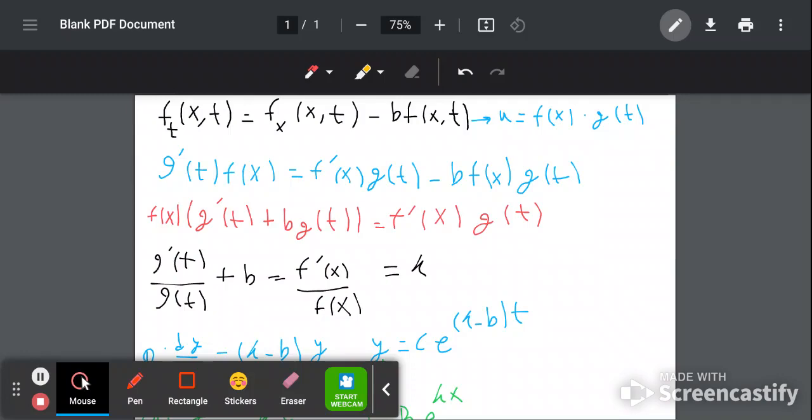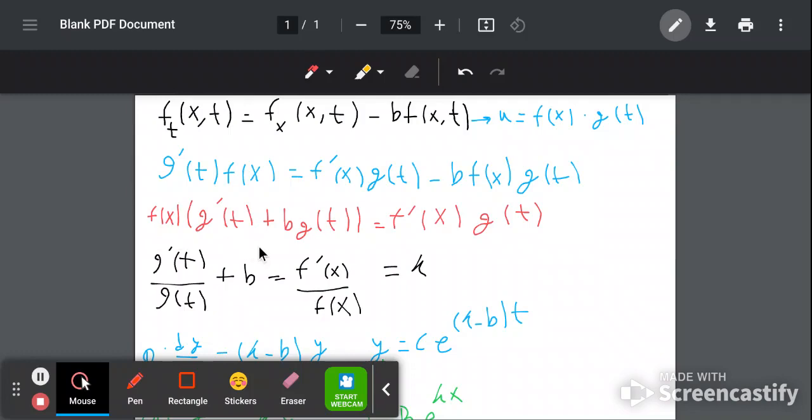Now, a key part of separation of variables is to have all the variables of one kind on one side and the others on the other side. So what I'm going to do is divide both sides by f of x and also by g of t. In this way, I can get rid of the f of x on the left-hand side, and the g of t on the right-hand side.